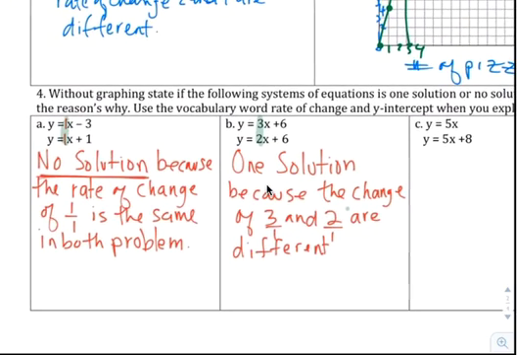Now this one on A, for the classes that we didn't do this, is no solution because the rate of change, this is the rate of change of 1 over 1, is the same for both problems. B is one solution because the rate of change of 3 over 1 and the other one, 2 over 1, are different. So it's one solution.